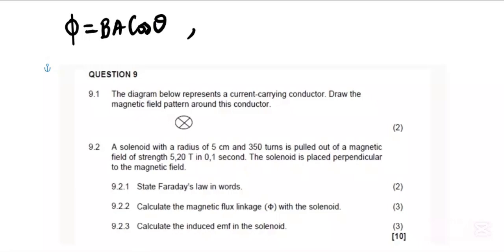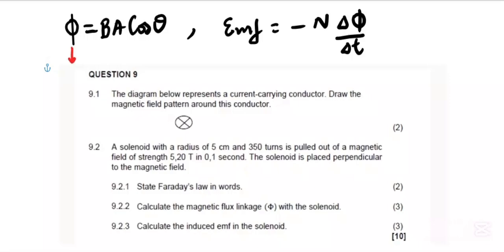We also have this formula, EMF is equal to minus N change in phi over delta T. In this formula, this one represents the magnetic flux linkage. B represents the magnetic field.